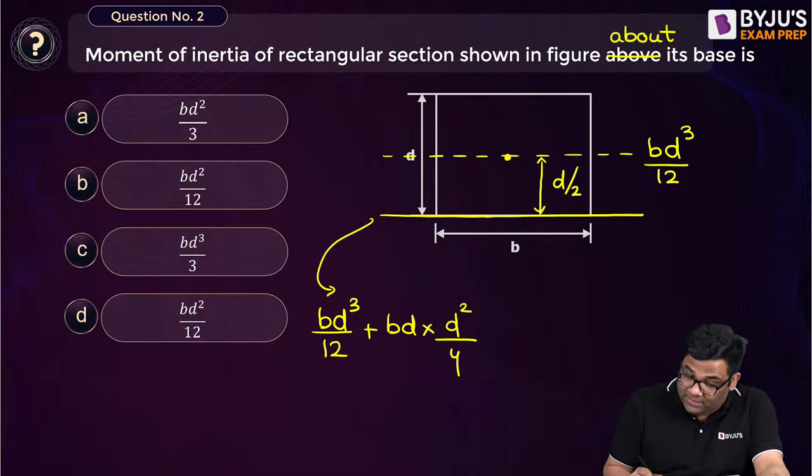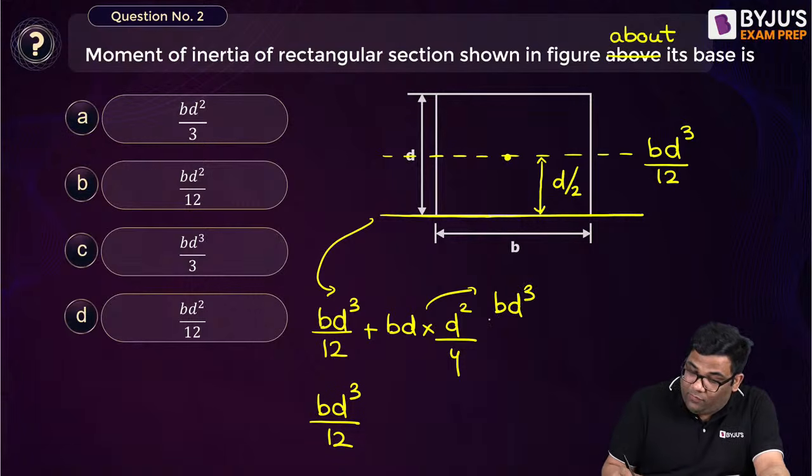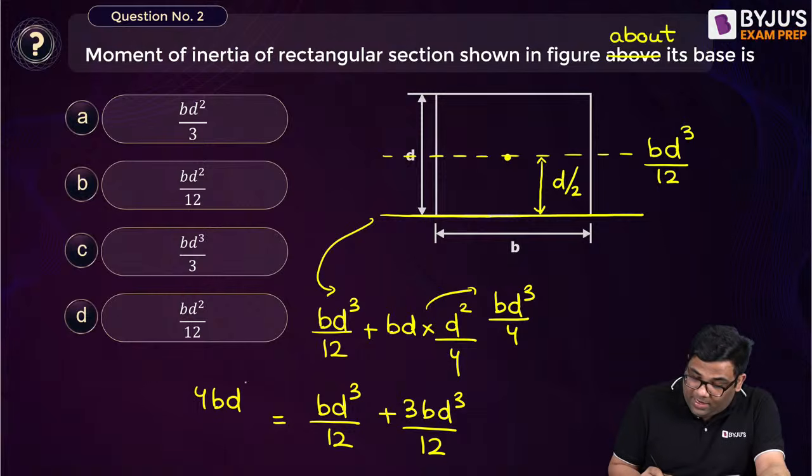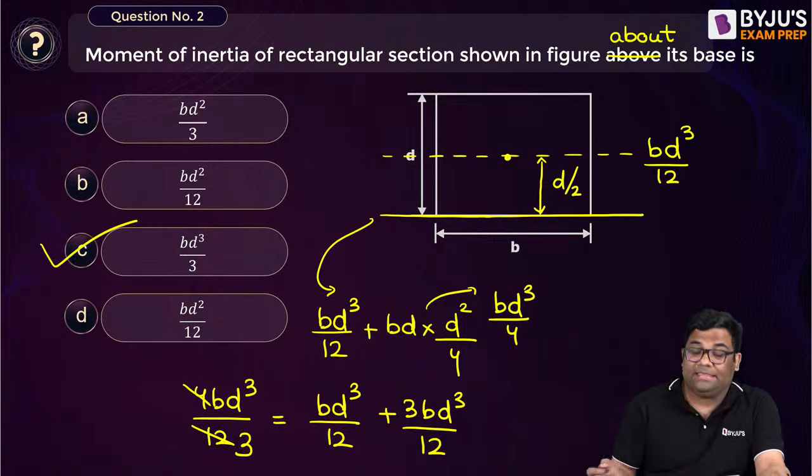This gives me BD cube by 12 plus BD cube by 4. BD cube by 4 can be written as 3 BD cube by 12, which gives me 4 BD cube by 12, and the final answer is BD cube by 3. So answer is C.